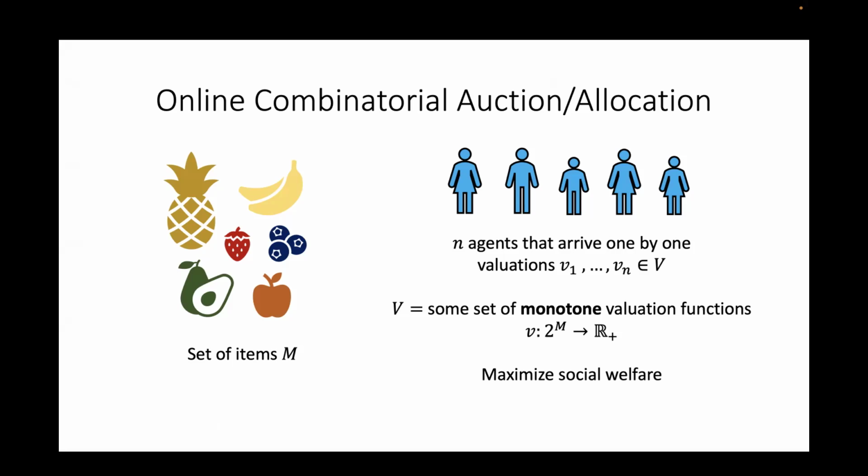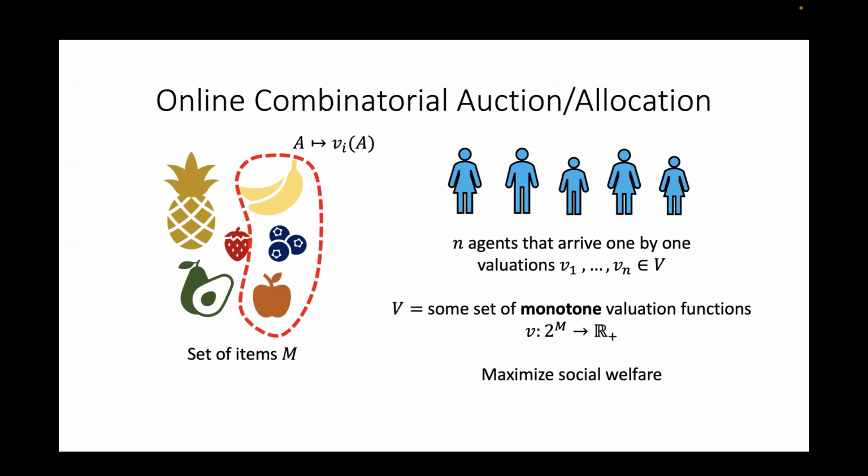They live in some support, call it B, and I assume they are monotone valuation functions. Importantly, these are not just one number; they are a mapping from every possible subset of the items to a value. So whenever an agent arrives, we want to decide which items go to this person.